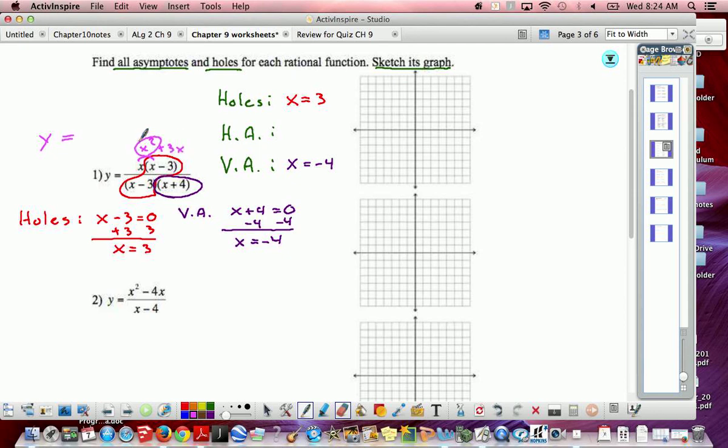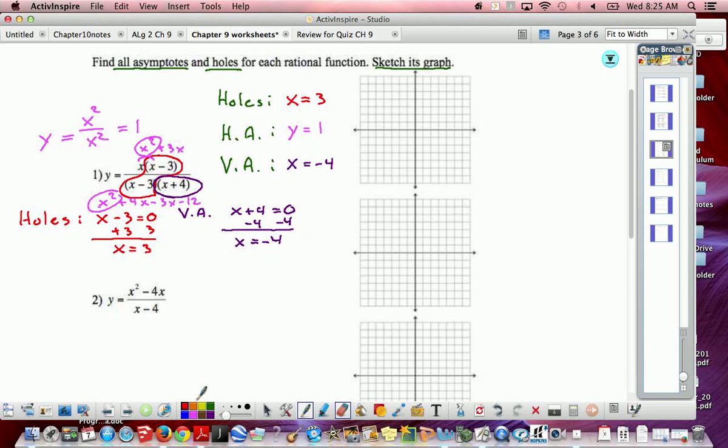X squared is the highest, so that's going to be on top. Likewise here, if I FOIL, I'd have x squared plus 4x minus 3x minus 12. The highest degree, again, is x squared. So I'm dividing x squared by x squared, which is 1, so I have a horizontal asymptote at y equals 1.